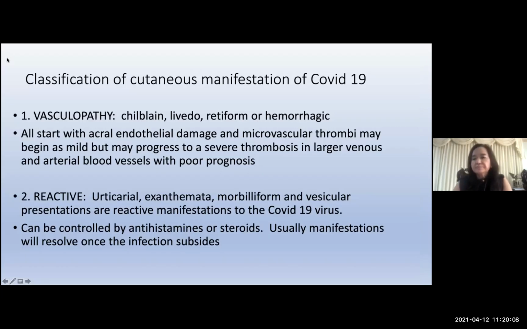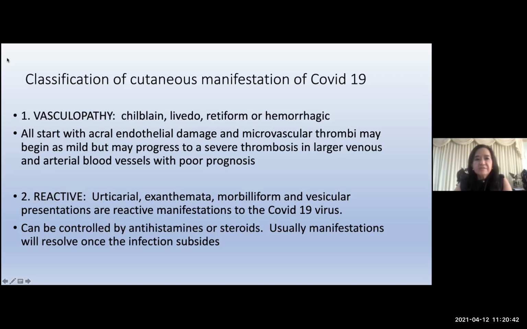In another study, I saw that to make things simpler, we look at the classification of cutaneous manifestations of COVID into just two groups. Vasculopathy would include your chilblain, your livedo, retiform or hemorrhagic lesions, which all start with acral endothelial damage and microvascular thrombi, which may begin as mild but may progress to severe thrombosis in larger venous and arterial blood vessels with poor prognosis.